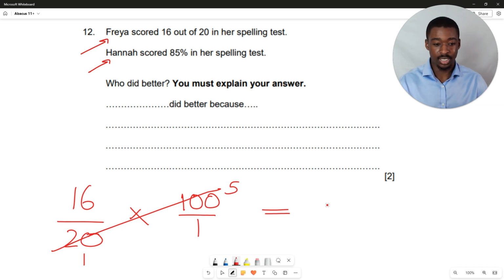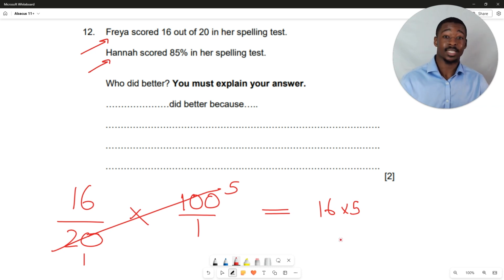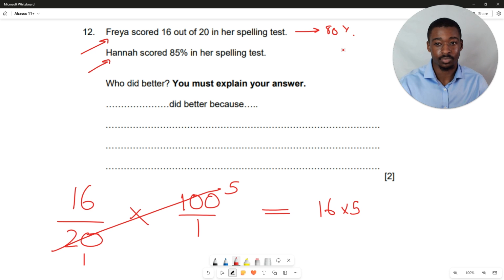And then we simply do 16 times 5 to work out her percentage. Well, 16 times 5 is 10 times 5, and then 6 times 5. 10 times 5 is 50. 6 times 5 is 30. 50, 30, 80. So Freya scored 80%.